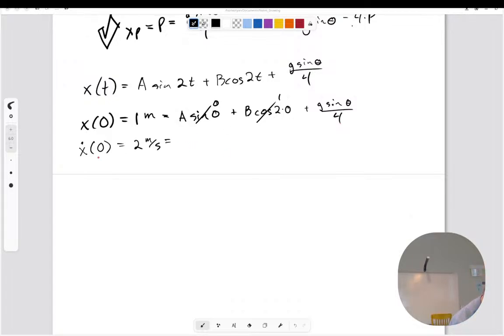And then we'll take one derivative, so we end up with 2a cosine 2 times 0, well, we already answered that, minus 2b sine 2 times 0. And then what's the derivative of our constant function g sine theta over 4? 0. Cool.